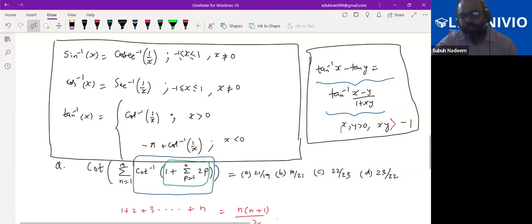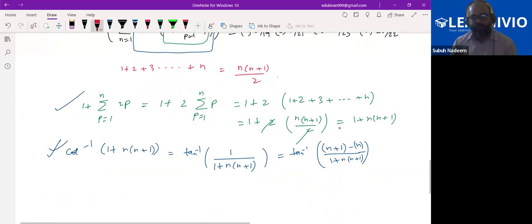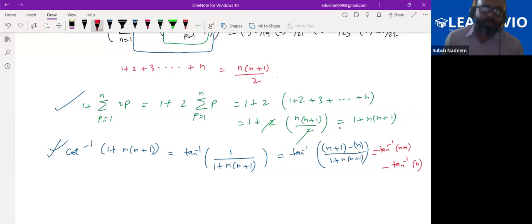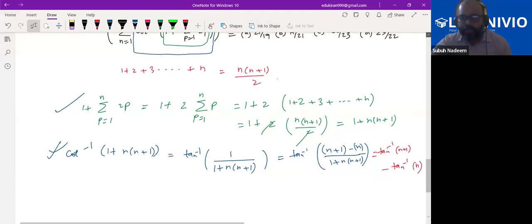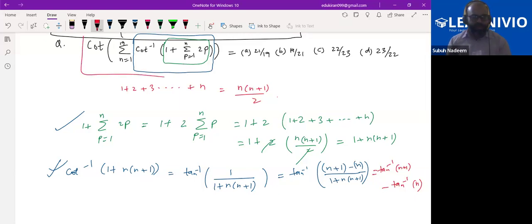So in that situation, we write it as tan inverse of n plus 1 minus tan inverse of n. So this formula can be applied here. So first write till here. Then we have to do one last step where we will take the final all of this.